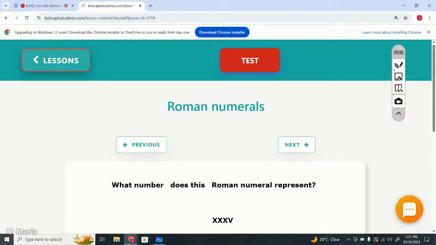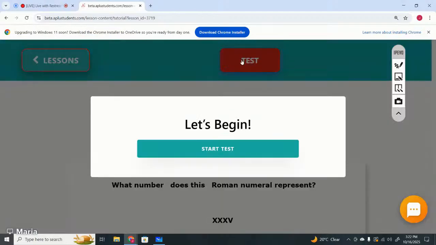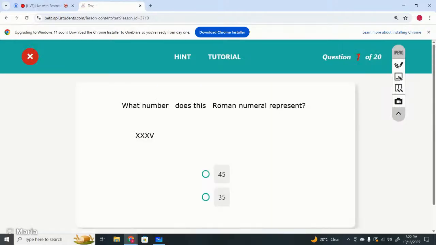Let's just start with the test questions. What number does this Roman numeral represent? That is 35.